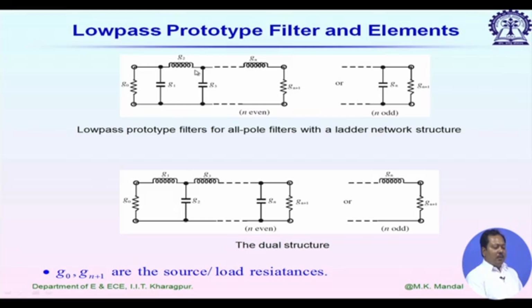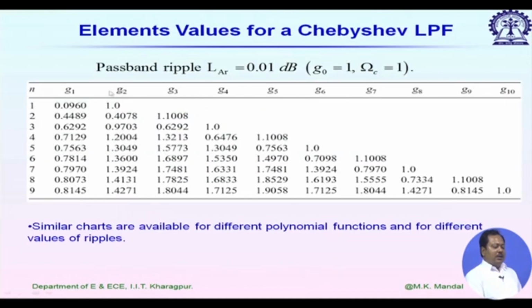So, if I want to improve the selectivity, that means the attenuation roll-off, we have to increase the number of sections, or increase the order of the filter. So, we have to use more elements. This table shows values up to n equal to 10. They are all normalized values: g naught is equal to 1, and omega c is considered as 1.